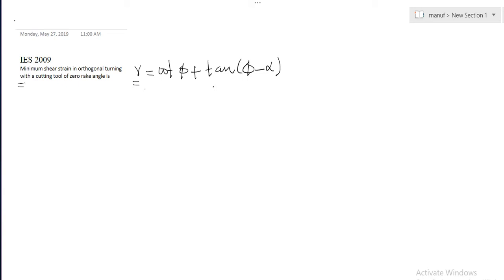So I can differentiate it: d gamma by d phi equal to differentiation of cot phi, which is minus cosec square phi, plus differentiation of tan phi minus alpha, which is sec square phi, because this alpha is equal to 0 degree.